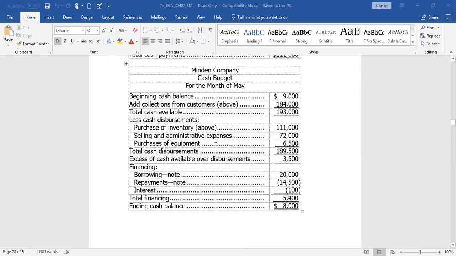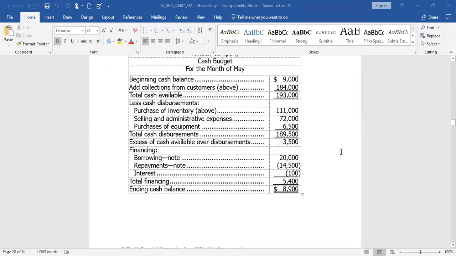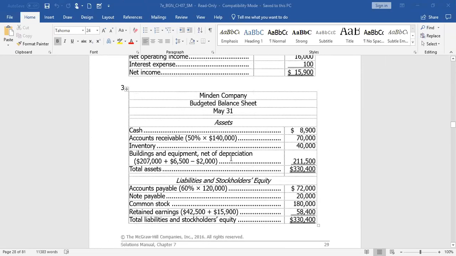Back up here, we purchased new equipment, so that would increase our building and equipment account. Any new depreciation for the month would decrease it because we're reporting this net of depreciation. So the building and equipment at the end of May will have a budgeted balance of $211,500.